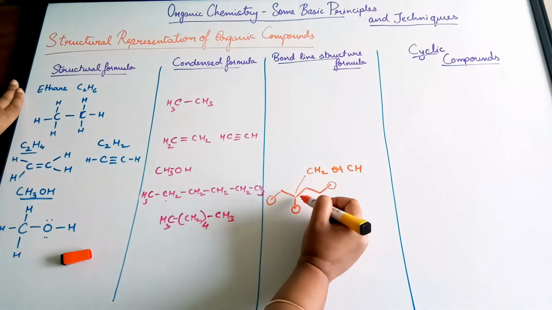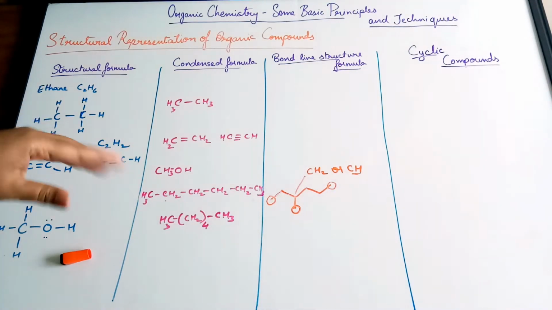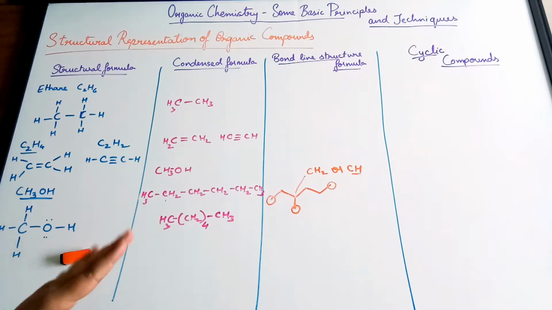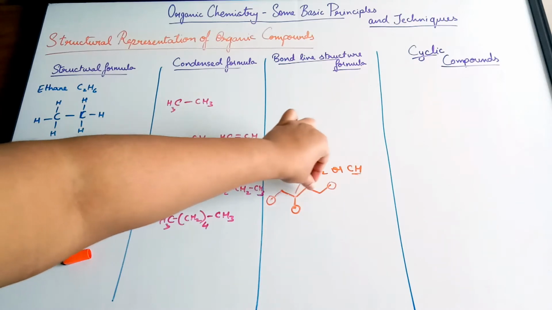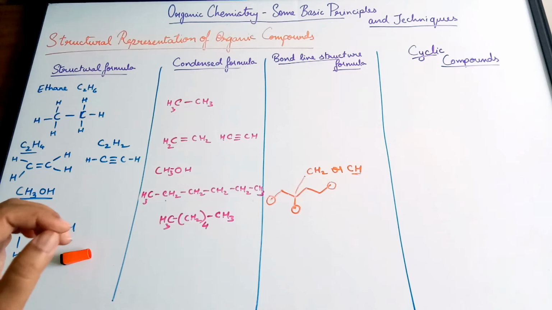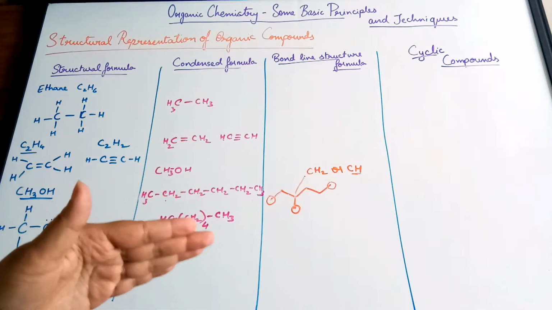It's bound to 3 other atoms already, which means it only requires 1 atom of hydrogen for it to have the valency as 4. So basically what I'm trying to say is, for the carbons which are in between, the number of hydrogens is equal to whatever number is required for the valency to become 4.